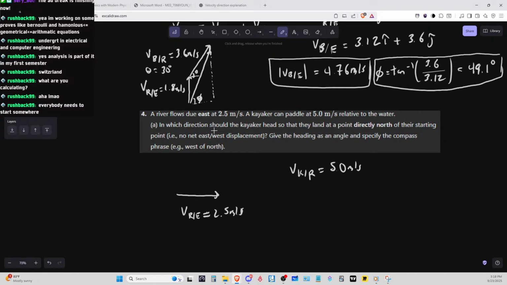Give the heading as an angle and specify the compass direction, for example west of north. Okay, so in which direction should the kayaker head so that they land at a point directly north of their starting point?